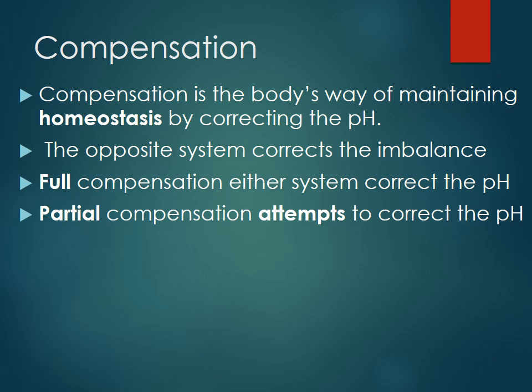Number 3, metabolic acidosis. Metabolic acidosis is compensated by the opposite system, respiratory alkalosis. Here's this example. If the metabolically produced acids consume bicarb and the pH falls, so we have an increase in acids and a decrease in pH.